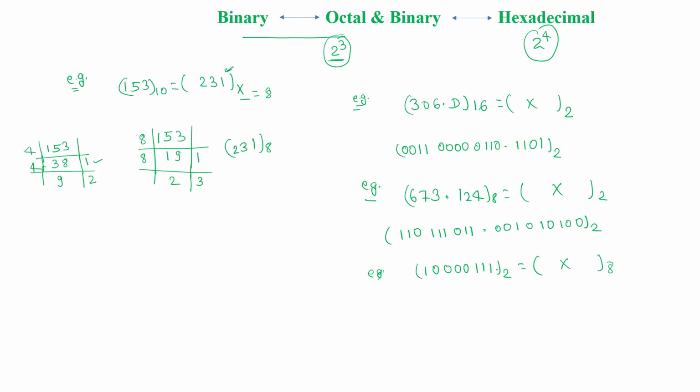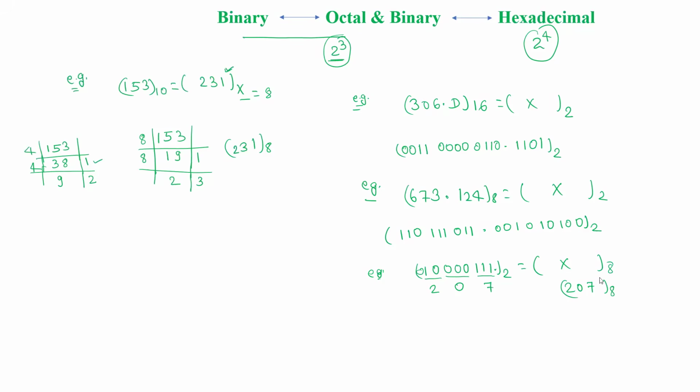The decimal point is on the right side, so we make combinations of 3 bits from the right. Here we have to add a 0. So this is 2, this is 0, this is 7. Finally we have 207 base 8. So for octal we take care of 3 bits, and in case of hexadecimal we take care of 4 bits.